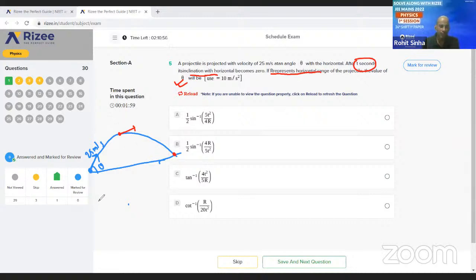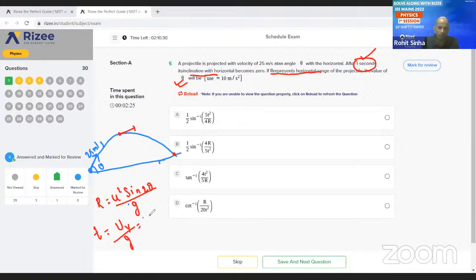Just, I give you the hint. You know the formula of range is u square sine 2 theta by g. You know this formula? And also the time of flight, since here it is given t, is 2 uy by g, which we should remember as a shortcut.